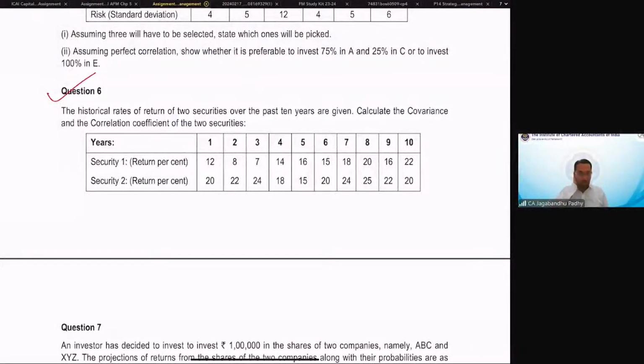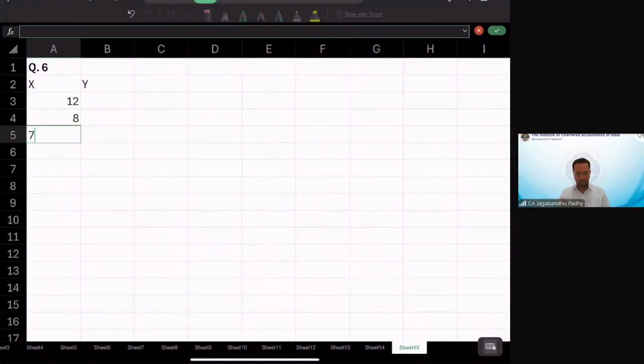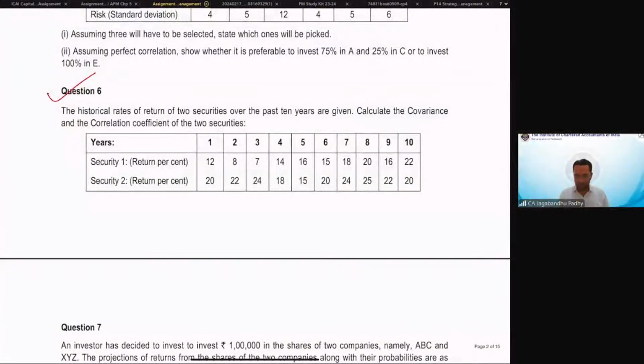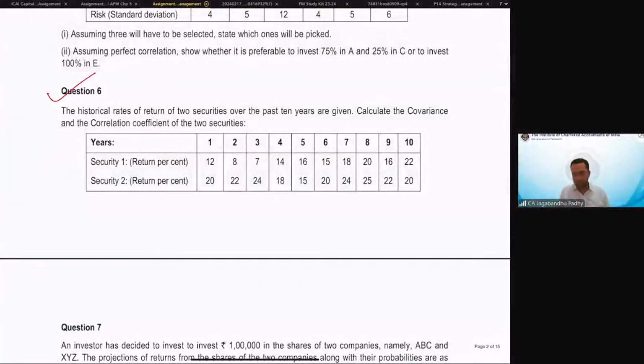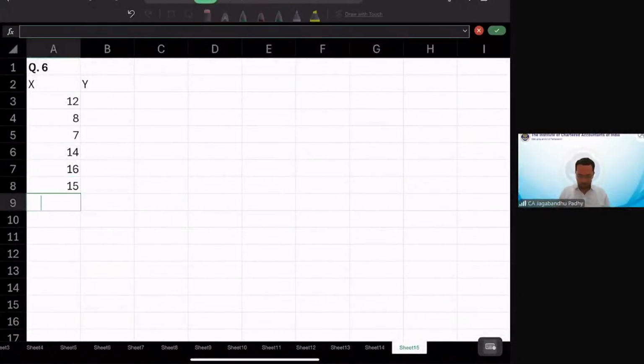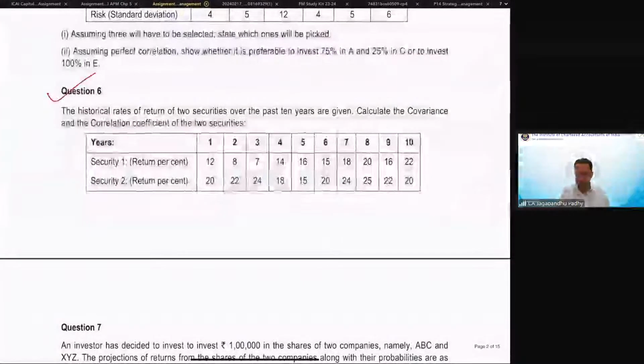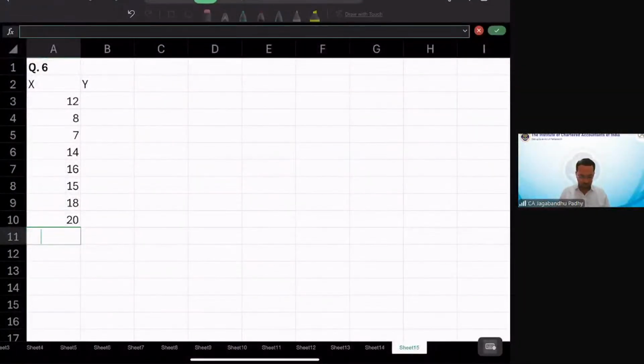We'll first write down the numbers, which are 12, 8, 7, 14, 16, 14, 15, 18, 20, 16, and 22.